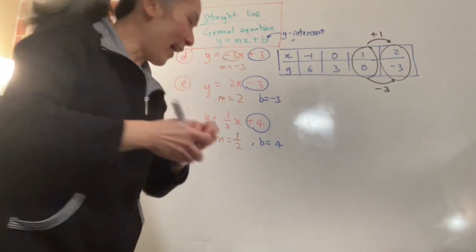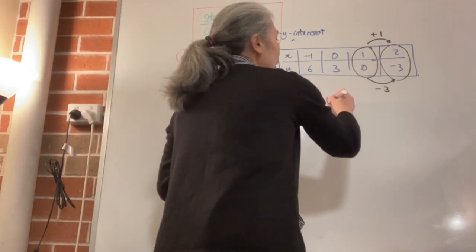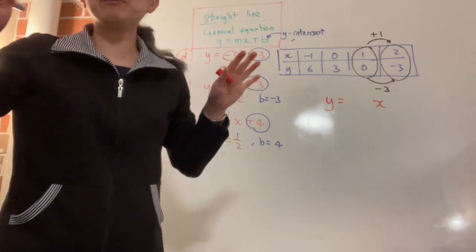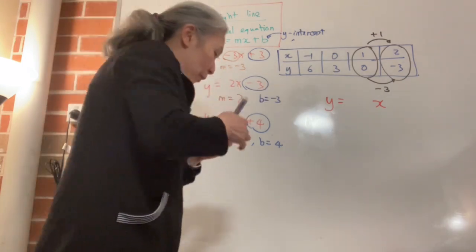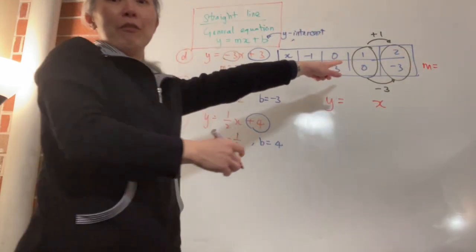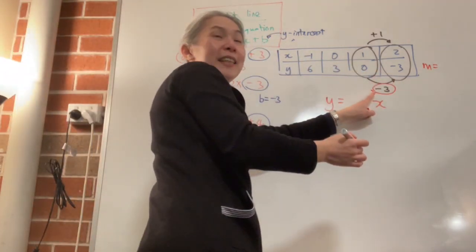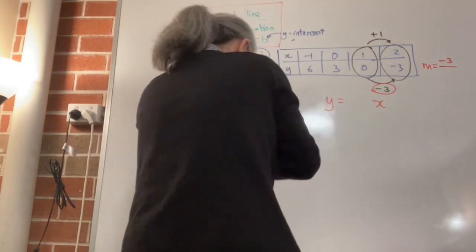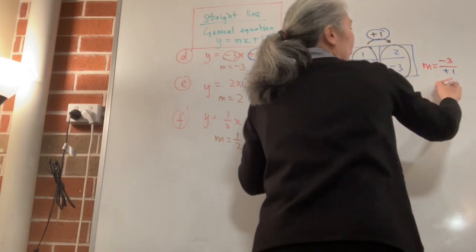Good. Then you are going to have a new formula to find the gradient. Your equation is always y equals something x and a number. That's what we know, mx plus b. I need to find what's the m and what's the b. To find the m, you take the value of the y, which is how much you increase or decrease, over the x value, which is that number.